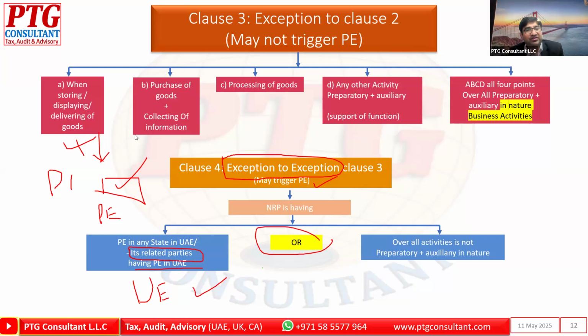Because we might split: one company has a store, another company has purchasing, another company is processing, meaning assembly. Like here, he is purchasing the parts and he is assembling. If you look overall, you are separating artificially to avoid taxation. So we have to look into that again: overall, is it preparatory or auxiliary?